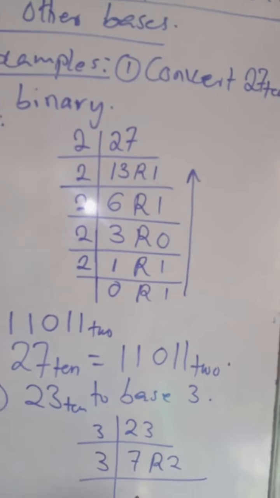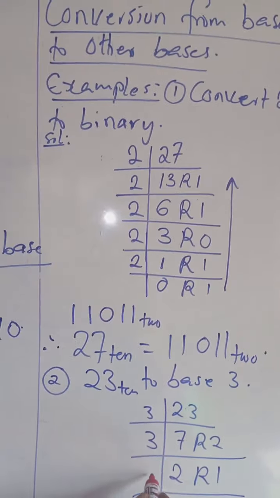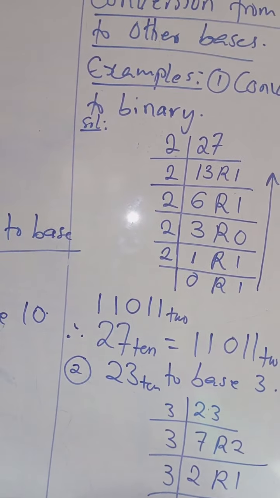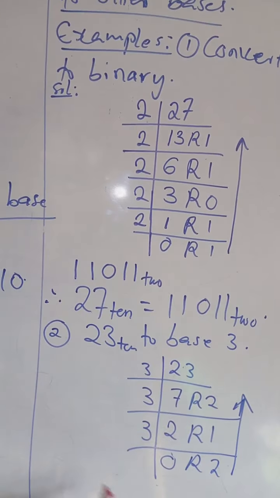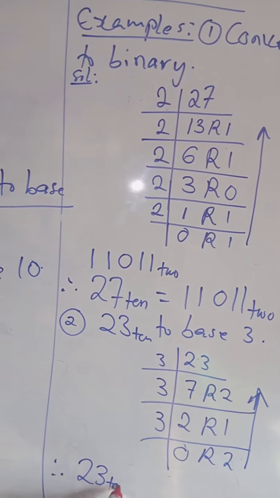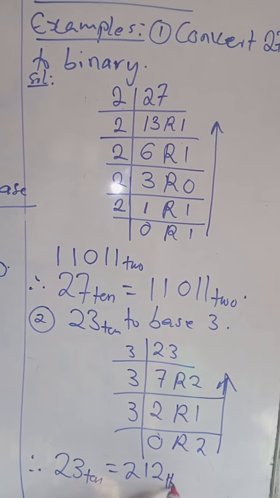If we use 3 here, we have 2 times, and 1 as our remainder. 3 into 2 is impossible. Like I said, you write whatever is there, which is 2. Then I read it upward. Therefore, 23 base 10 is equal to 212 base 3.